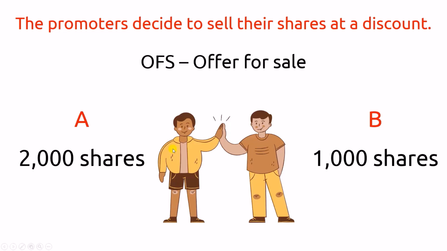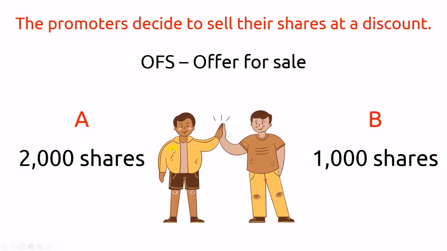Now there is a red flag too. See, if a company is not doing good, then who will be the first person to know it? It is the promoter, correct? He has inside knowledge about the business and how the company is working. So if the company is in trouble, these are the people who come to know about it before the public.